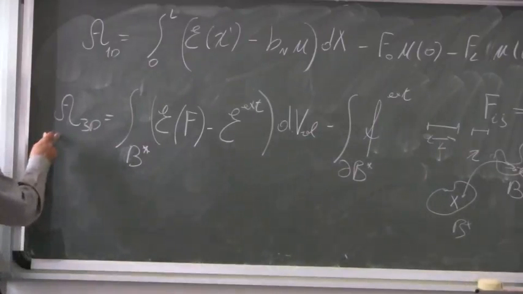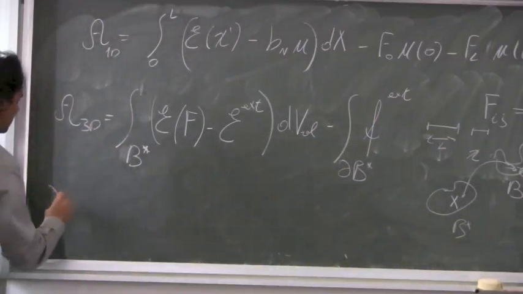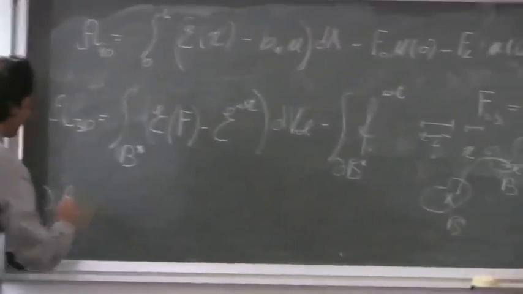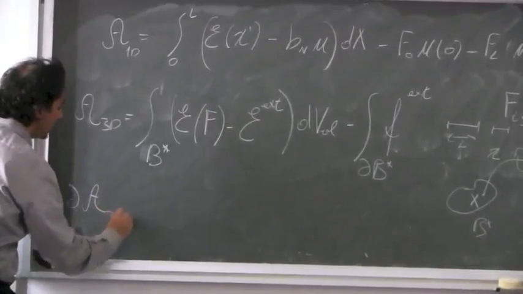So we can now evaluate the variation of this, the variation of K in the 3D case.